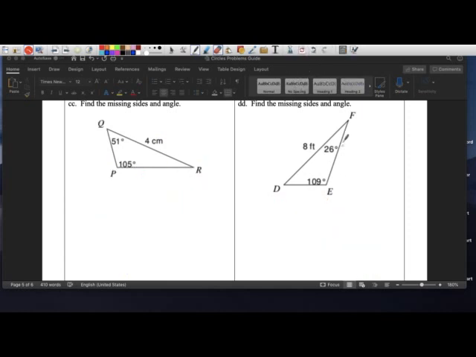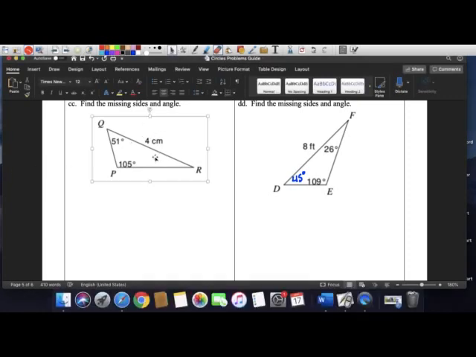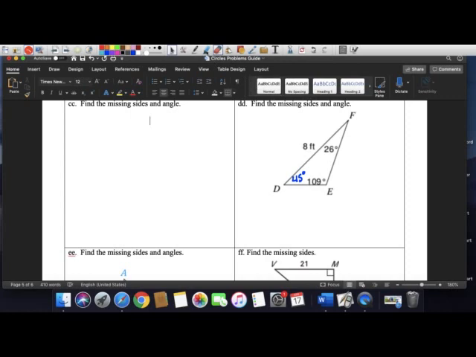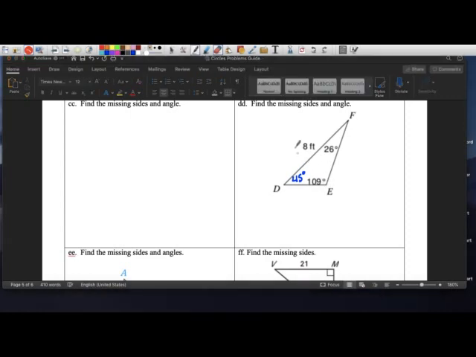Again, we have two angles. Let's add it up: 109 plus 26, minus 180. That missing angle is 45. So we take care of that one already. Let's set up our law of sines, and honestly, it doesn't really matter. I'm going to call this a, this b, and this c.